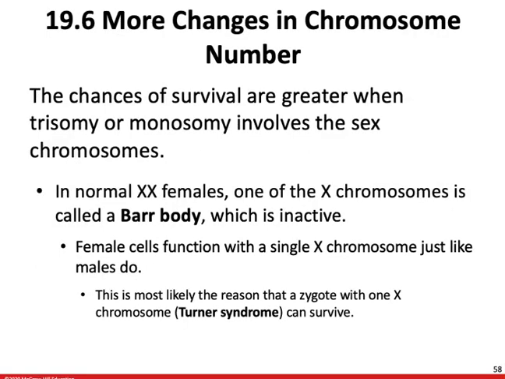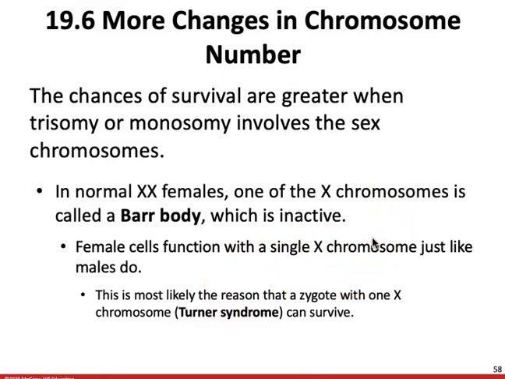The chances of survival are greater if the monosomy or trisomy involves only the sex chromosome. In normal XX females, only one of those X chromosomes is going to be useful. One of those X chromosomes will be called a bar body, which will be eventually inactivated. So female cells are going to function with just one X chromosome anyway, just like male cells do.